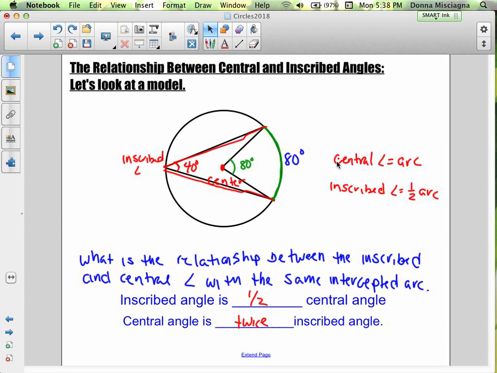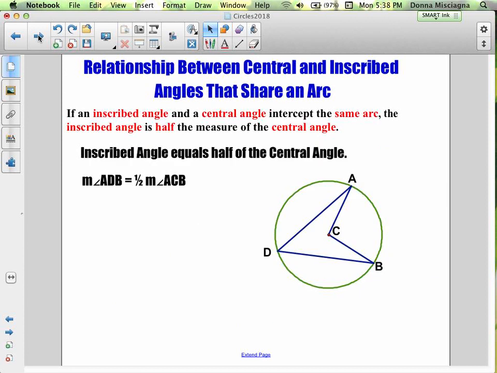So let's complete some notes so that you have that relationship in your notes, and then we're going to solve some problems. And the next page is in your notes, and it's a fill-in. Right, and it's all the red words except one, and I'm going to underline the one it's not.